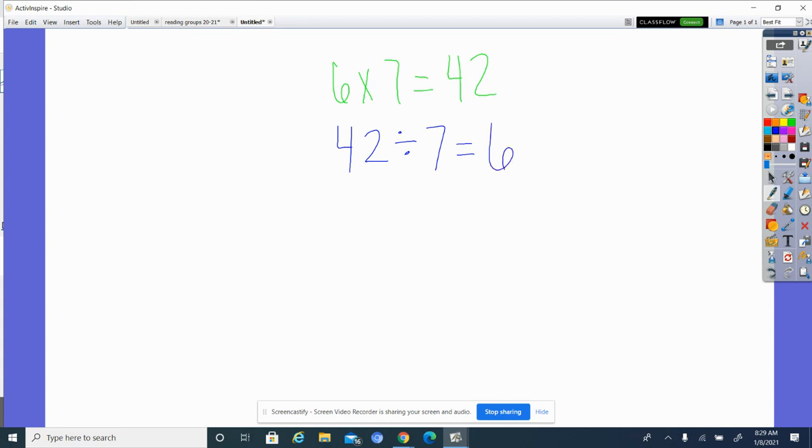Or what else did I do? 42 divided by 6 equals 7. Okay? So that's how we relate multiplication problems and division problems.